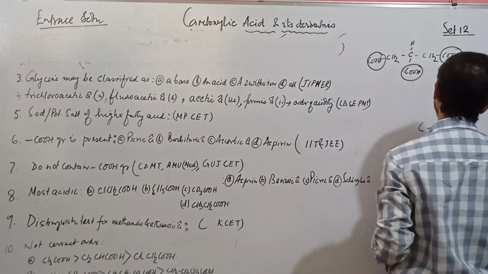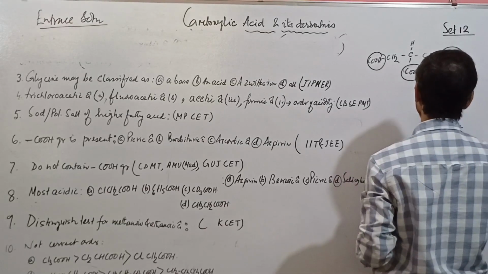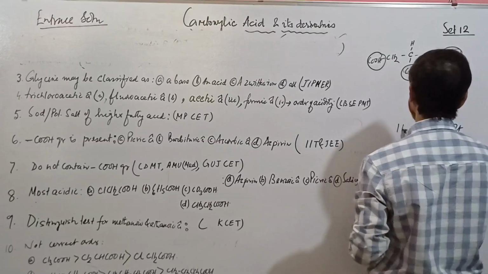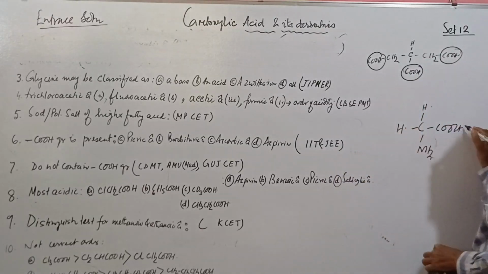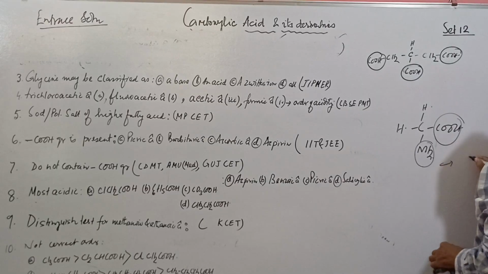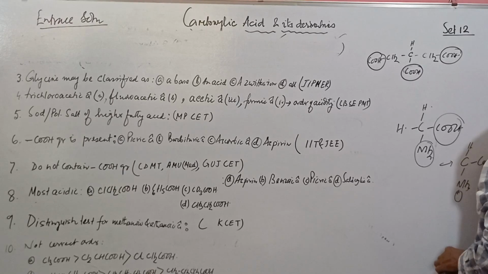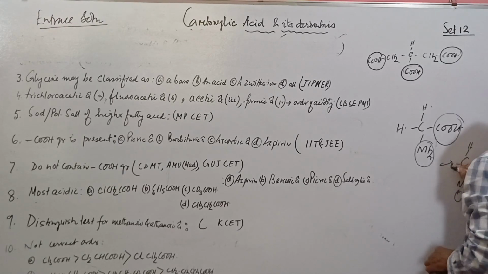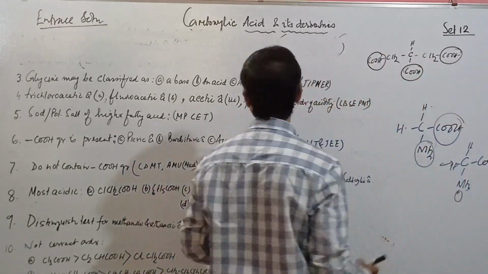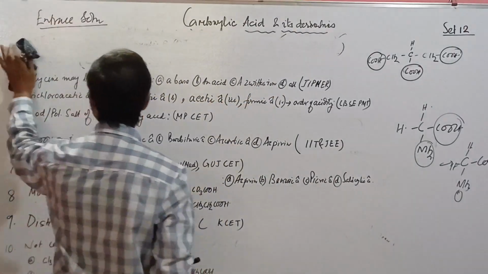This is glycine, this is acid, this is base, and we can draw glycine like this. So in the same molecule there is a positive and a negative ion, so it is a zwitterion. So in the options, all is correct.